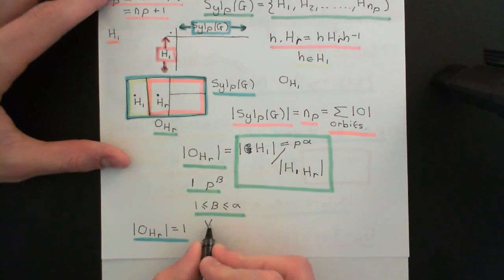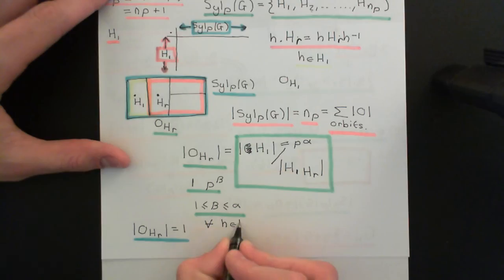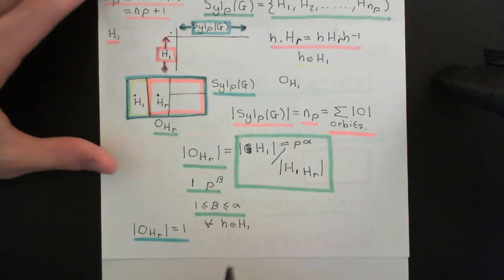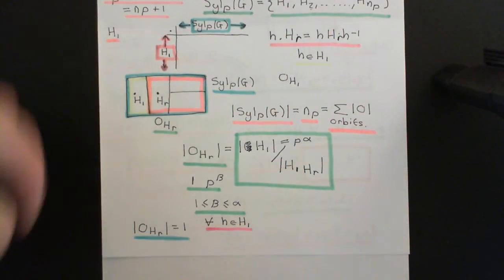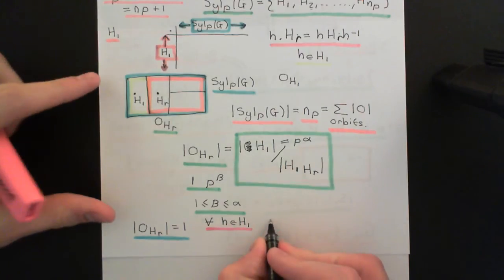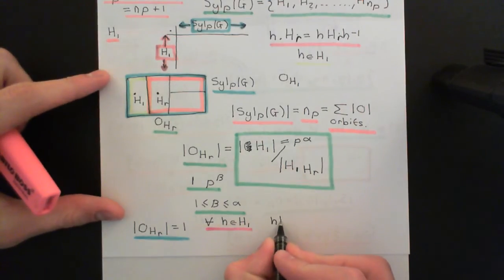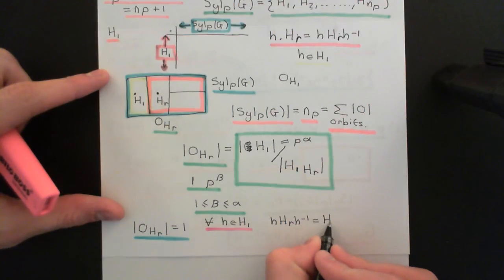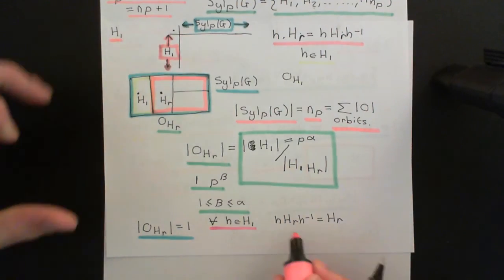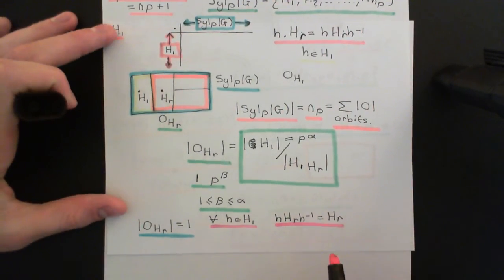So this means that for all little h, which is an element of capital H1, so all elements of the first Sylow p subgroup, I can use them to conjugate capital HR, so h HR h inverse is equal to capital HR. So they all have absolutely no effect when they conjugate capital HR.